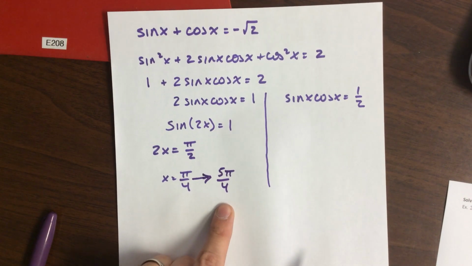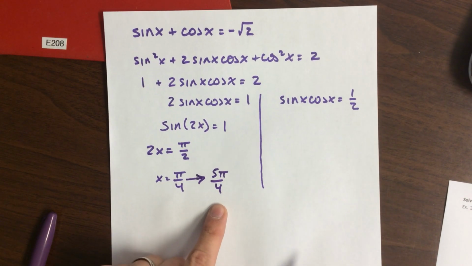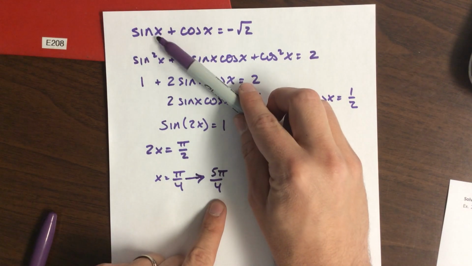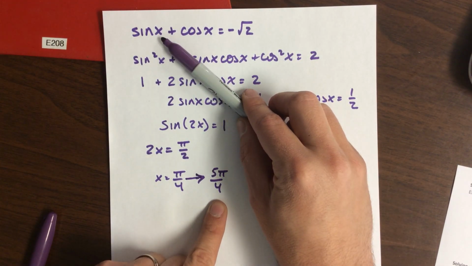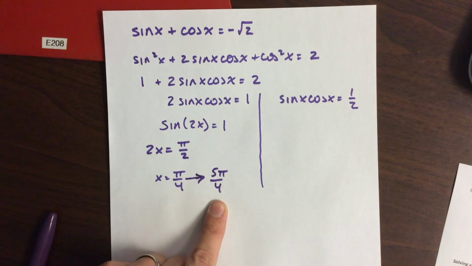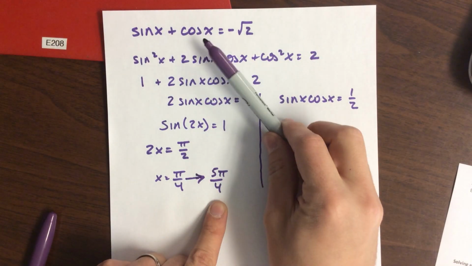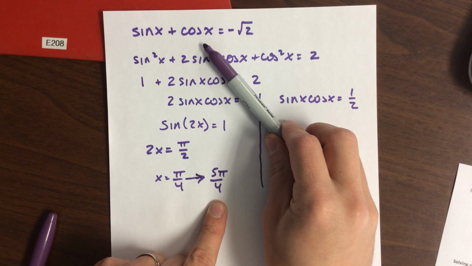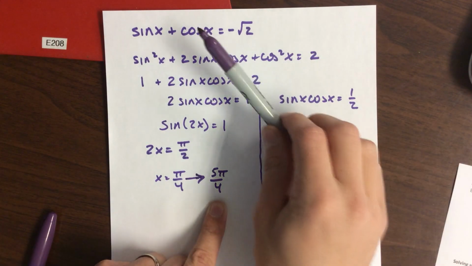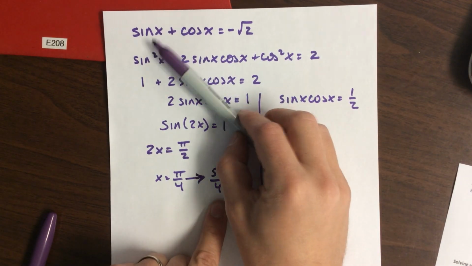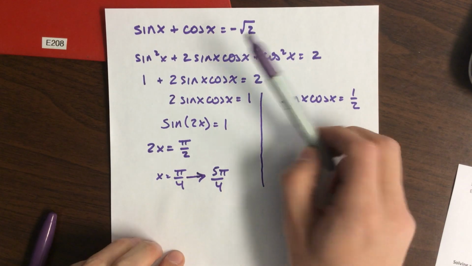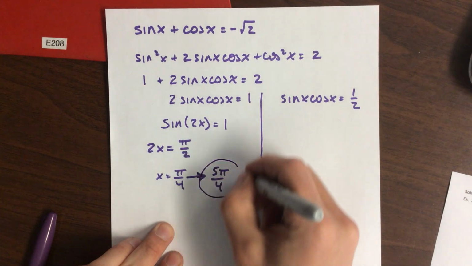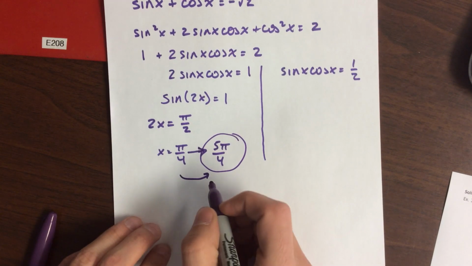We added the period. Now if we check that 5 pi over 4, what's the sine of 5 pi over 4? That's negative root 2 over 2. Cosine of 5 pi over 4, negative root 2 over 2. Negative root 2 over 2 plus negative root 2 over 2 is negative root 2. So this is what we actually have. We added the period there.